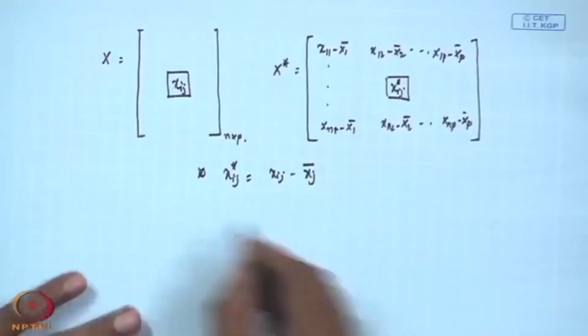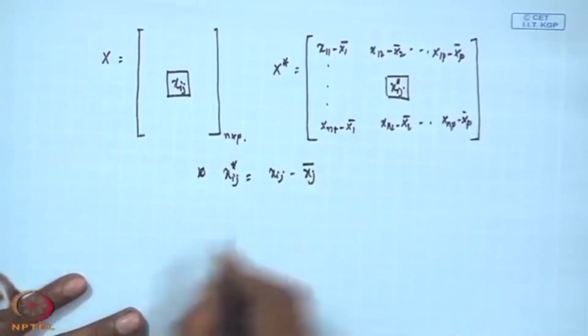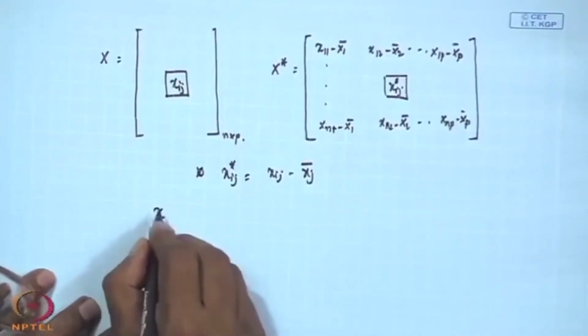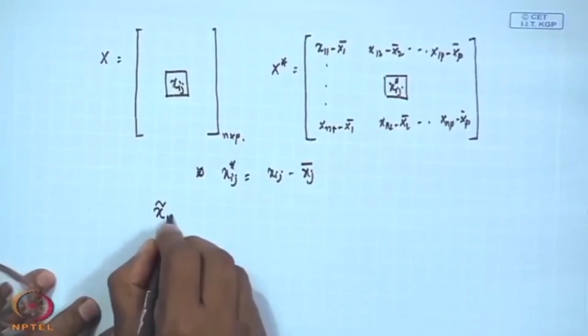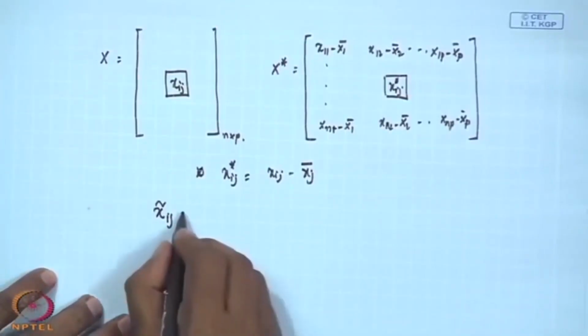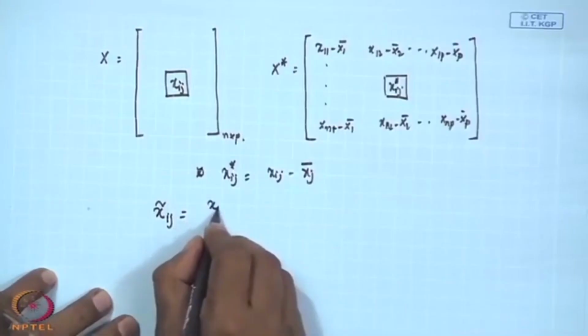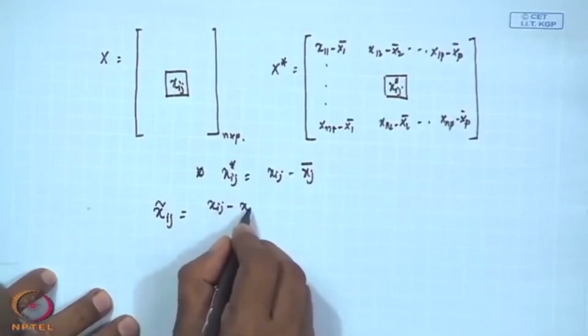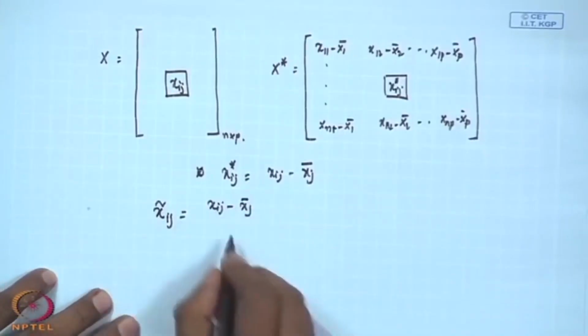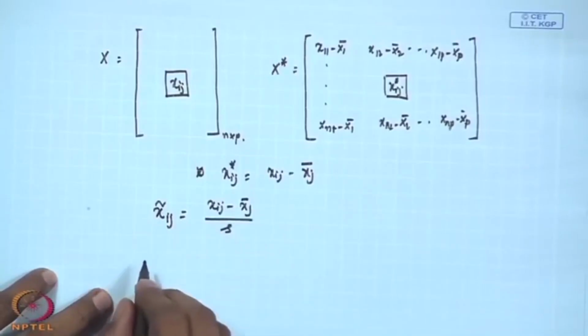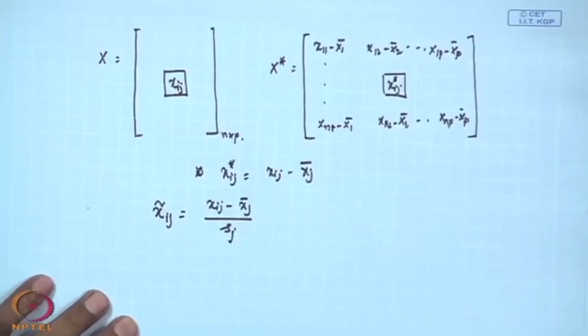Now, let us create another variable. Let us write like this: x tilde ij. This one is xij minus xj bar by sj. What are you doing?